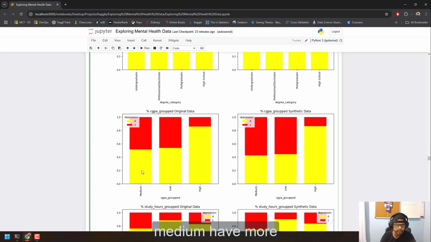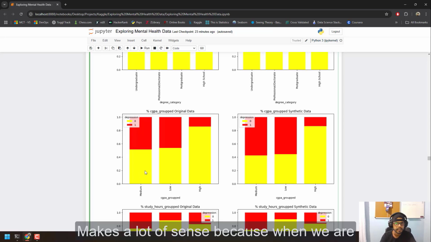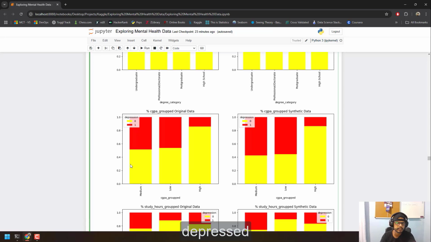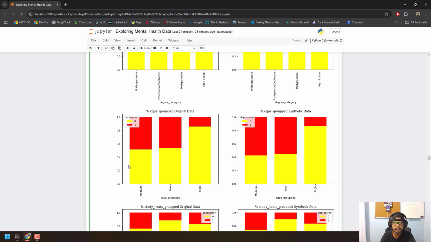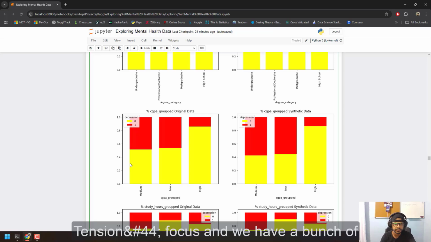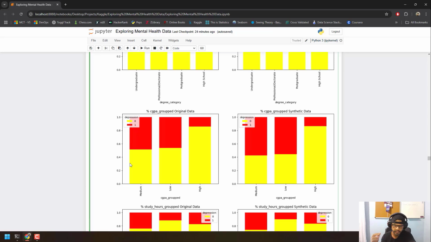CGPA, low and medium have more incidence of depression. Makes a lot of sense because when we are depressed, we have some cognitive loss, motivation loss, lack of memory, attention, focus, and a bunch of cognitive losses.